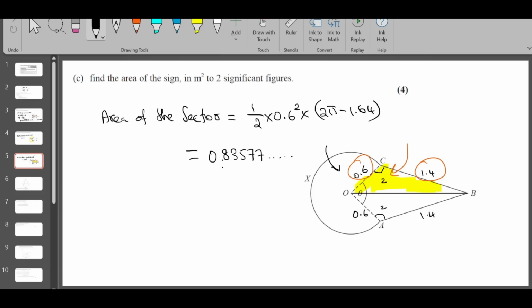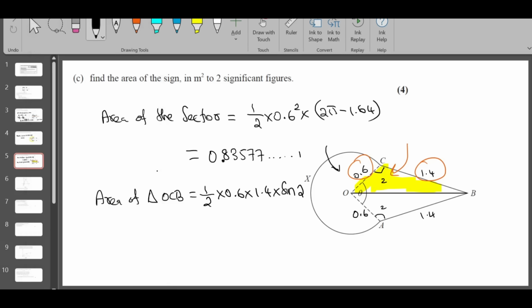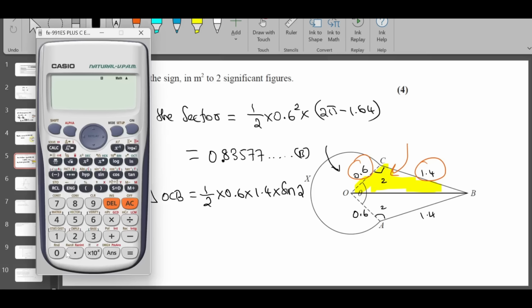0.83577, etc. Now, area of triangle OCB is half AB sine theta. This one I'm going to store as B. Now half AB sine theta.